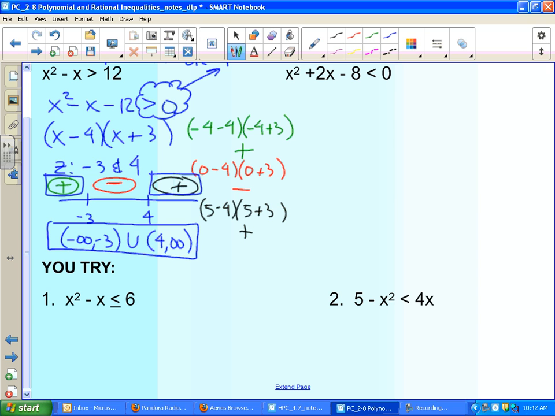Okay, that's good. Now we're going to skip to a problem that involves rationals. This is now where I have a polynomial on the bottom. And what can't we have in the denominators? Okay, that's true. We can have radicals, but what number can't I have?